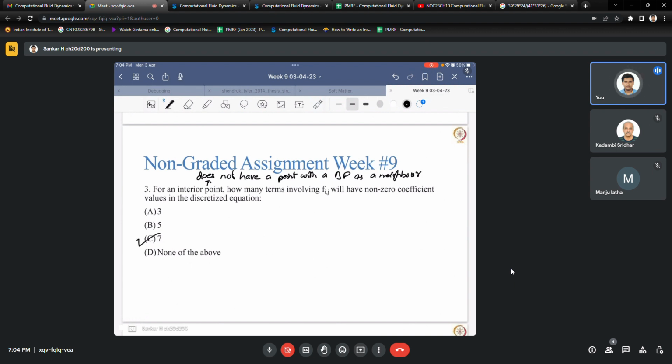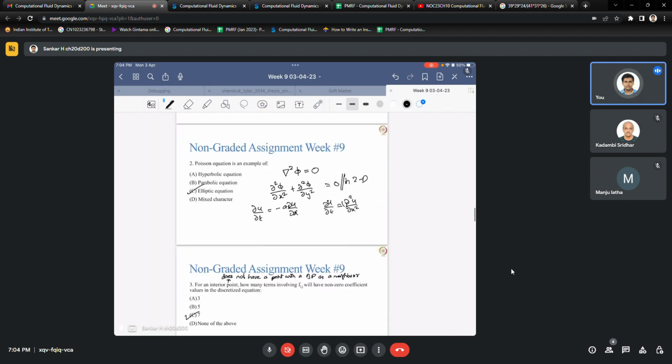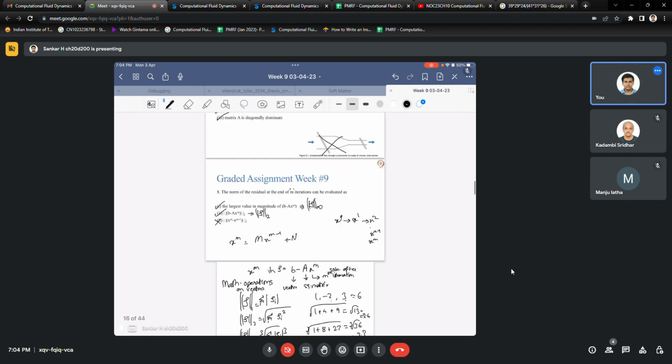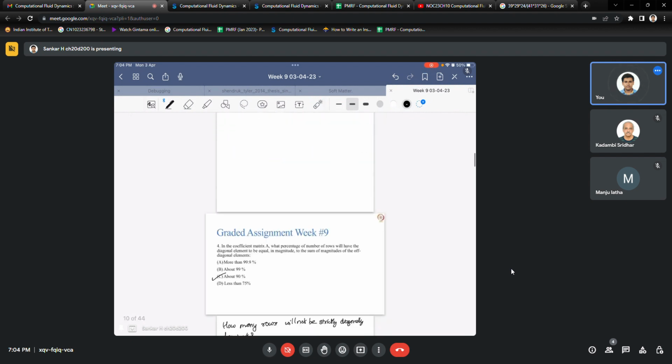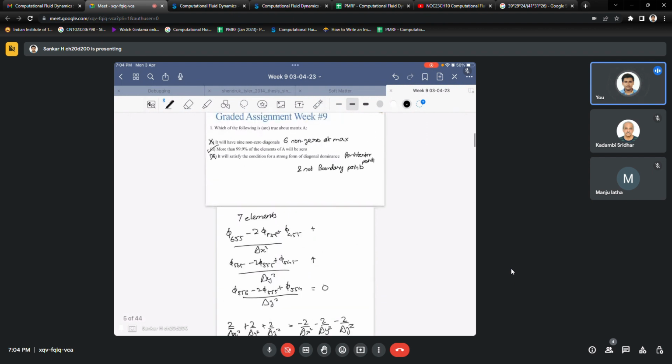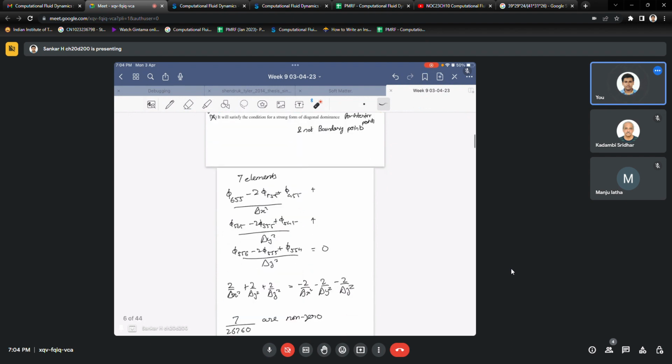So we have seen earlier, in the first question that we solved, that there will be a total of 7 elements, and all these terms will be known quantities if and only if the point is a non-interior point.